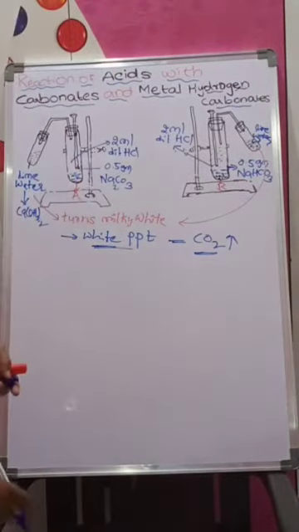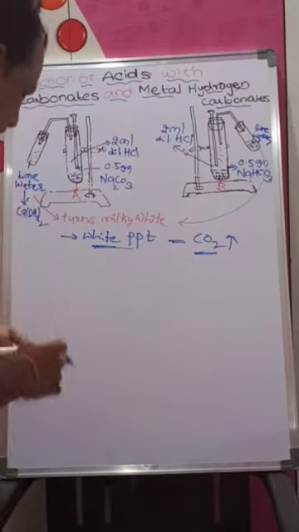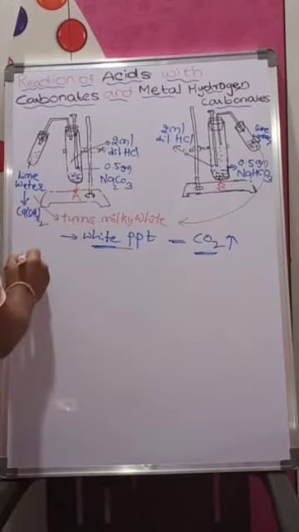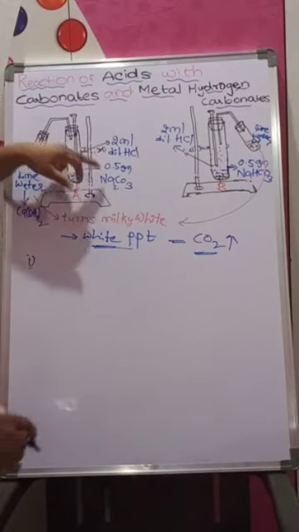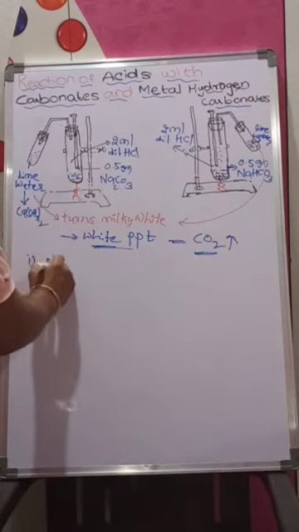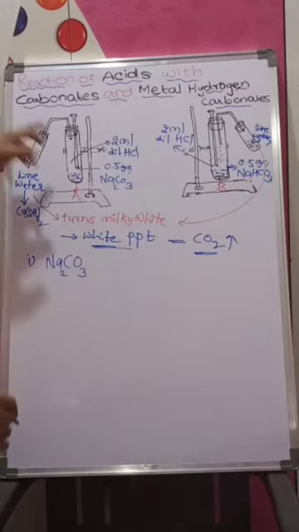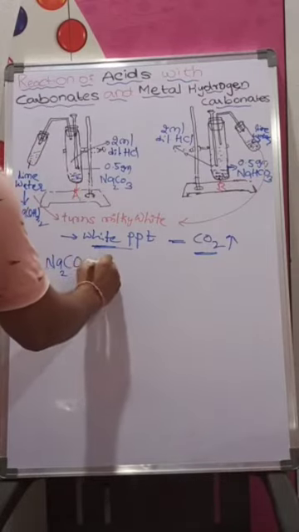Let's see the reactions that occurred in this activity. In the first case, sodium carbonate is added to dilute HCl.